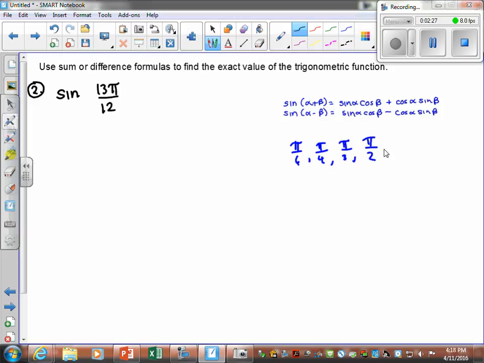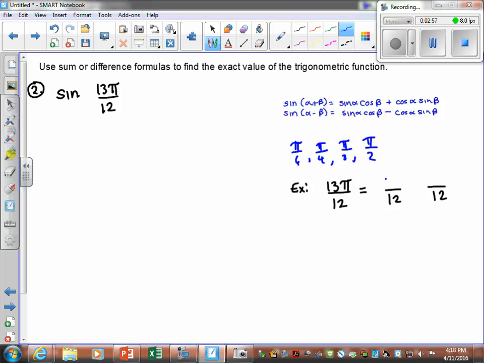So first of all, let me come over here as an example and say, all right, I have 13 pi over 12. I need to break that into two separate fractions. So let's just say something over 12 and something over 12 so that I can add them together. What could give me one of these, for example? One thing that I could do is 9 plus 4 is 13.